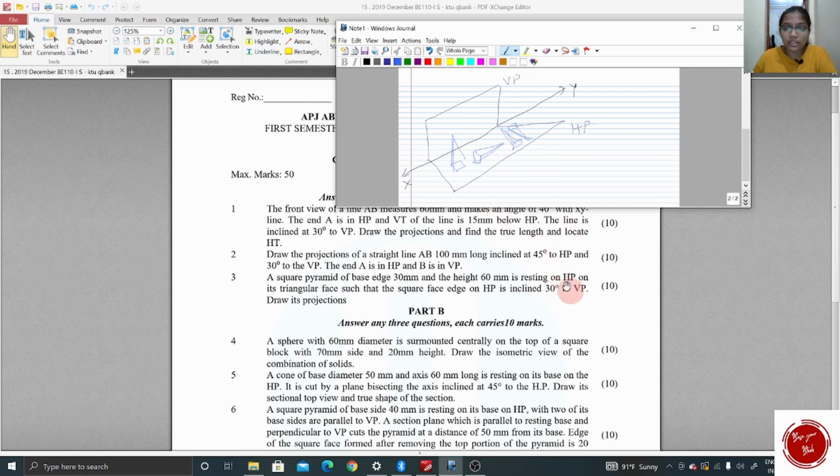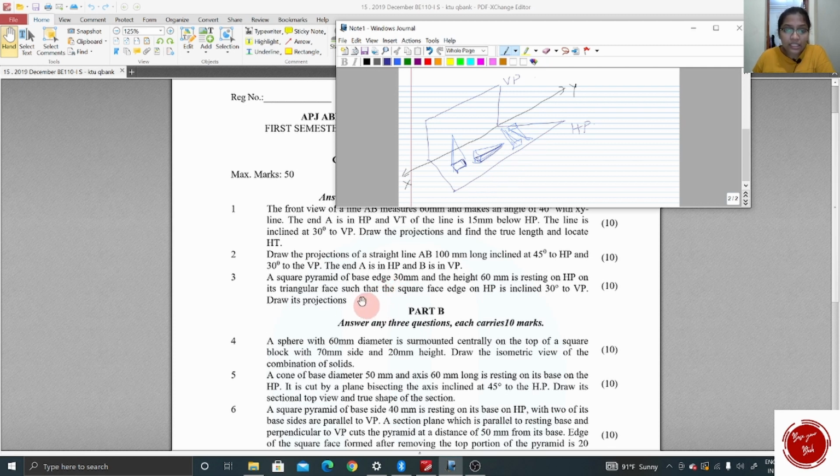So how is it specified in the question? Resting on HP on its triangular face. So in the first picture, the base of the pyramid touches HP. But in all the other three, you can see the triangular face is in contact with the HP, isn't it? So for these three pictures, the pyramid is lying on its triangular face.